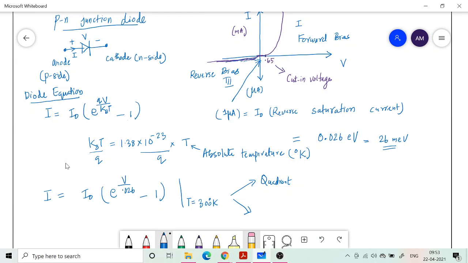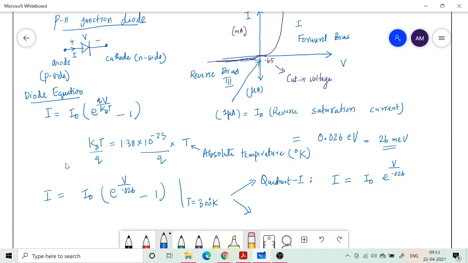Now the value of V becomes, say, 10 times greater than 0.026, which means 0.26. That's a typical value that you can apply. So this is quadrant 1. I am going to rewrite this expression: I is equal to I0 into e raised to V by 0.026. I can neglect this 1.